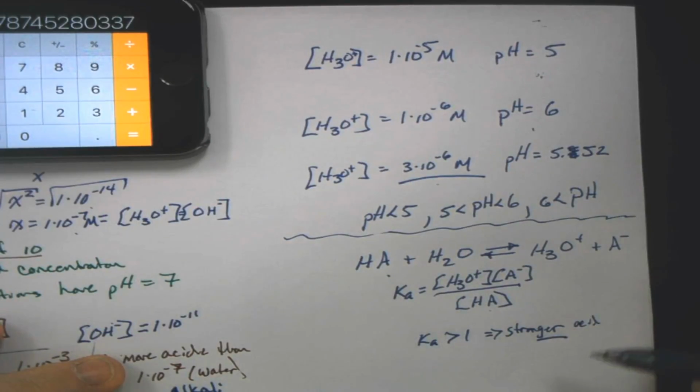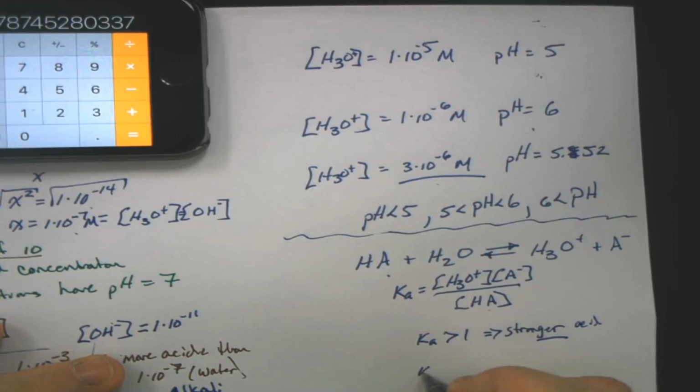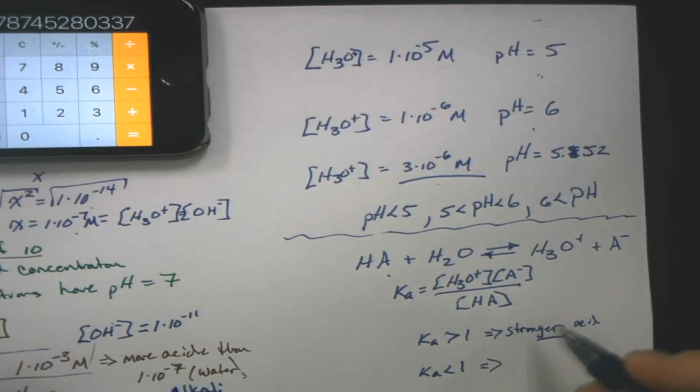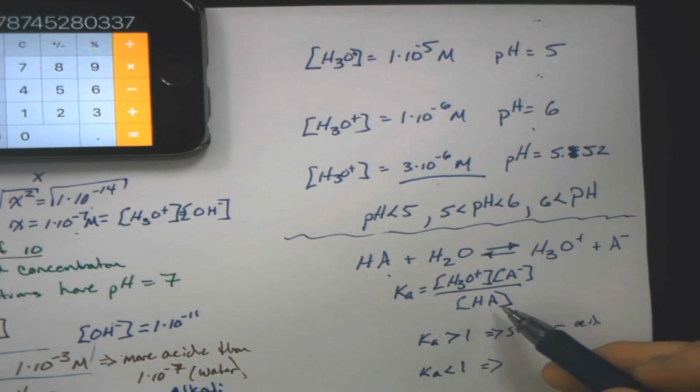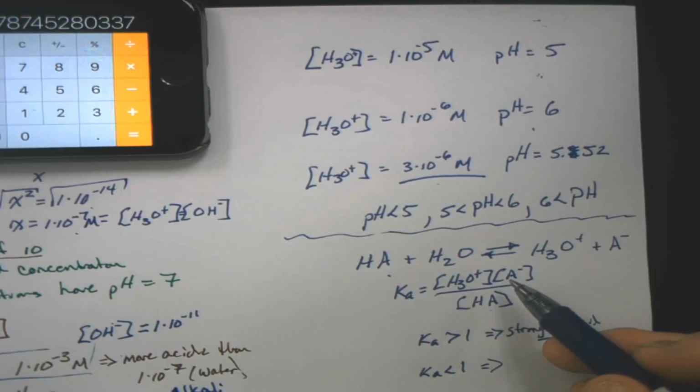It's not a strong acid, it's just stronger than acids with a Ka that's less than 1, because it has more dissociated than it has of its original form.